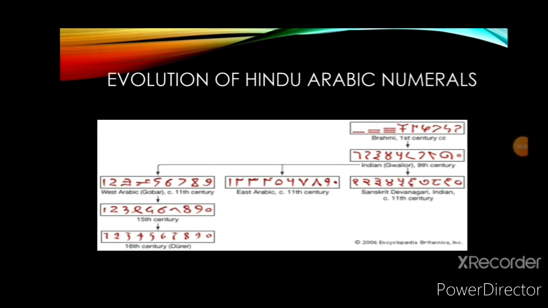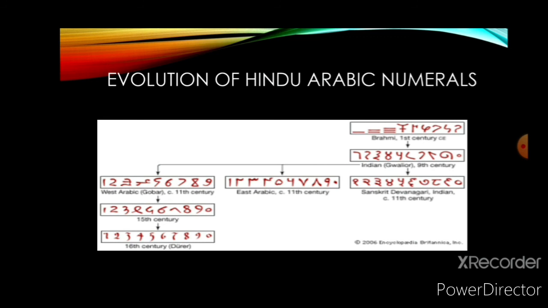Now we will talk about how the Hindu-Arabic numerals have evolved. Hindu-Arabic numerals have come a long way to be in the form they are now, and the standard number system developed from the ancient Indian numerals, that is Brahmi.